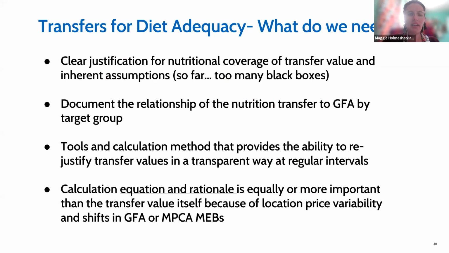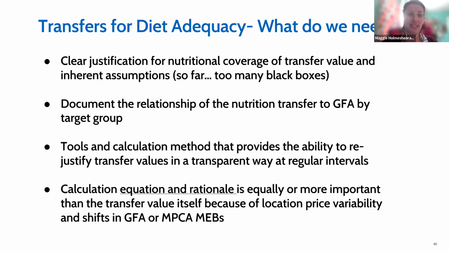What we were really looking at in this context is specifically, as Marina noted at the beginning of the presentation, how do we calculate the transfer value for a transfer that's looking at diet adequacy to meet the gaps that are there from the household food assistance? We know that household level food assistance, certainly in the case of Nigeria, is often calculated based on trying to meet kilocalories, but not focused on micronutrients.